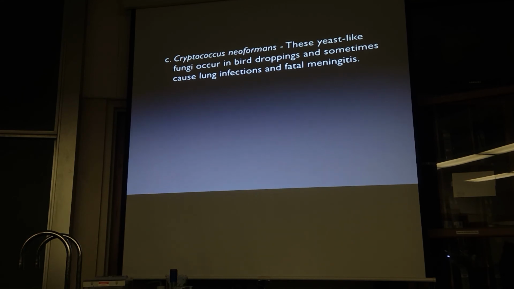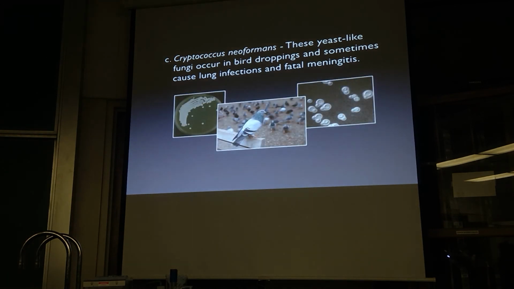Unfortunately, these guys can get into the lung, and then they get into the bloodstream. They tend to have an affinity for brain tissue, and they cause meningitis, which is potentially fatal. So there we see Cryptococcus neoformans colonies on a plate, and the culprit spreads them standing on a park bench.